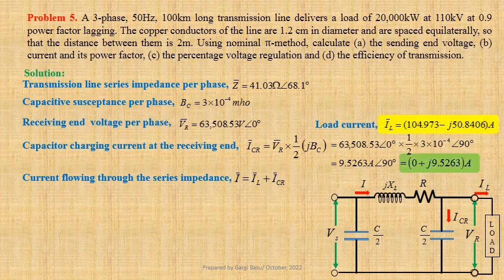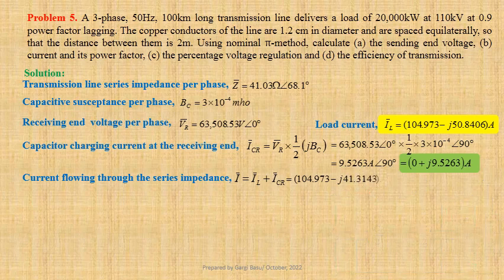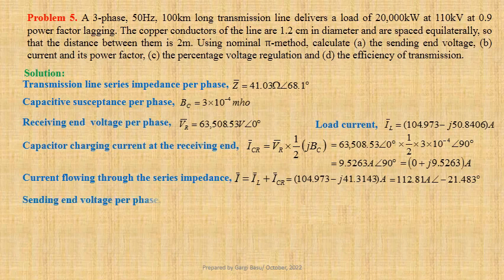Using values we get I equals 104.973 minus j times 41.3143 ampere. This may be written in polar form as 112.81 ampere at an angle minus 21.483 degree.